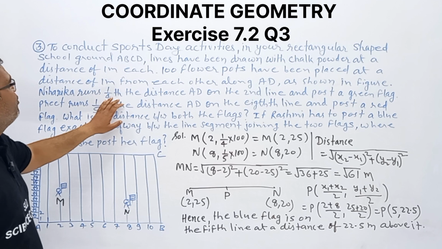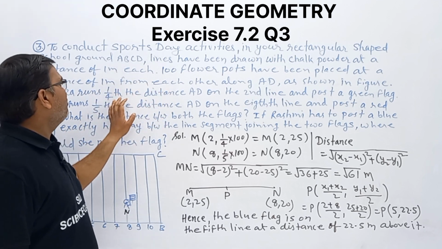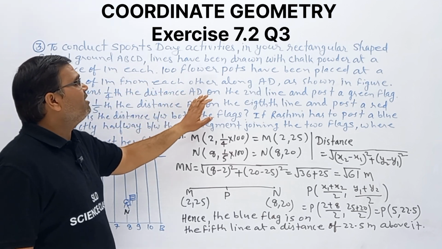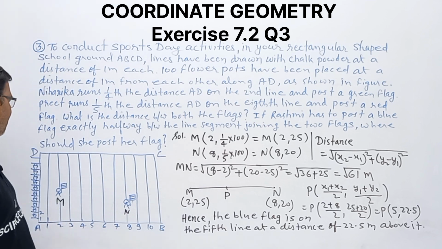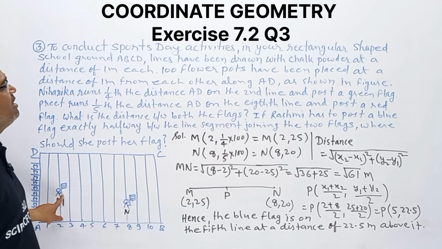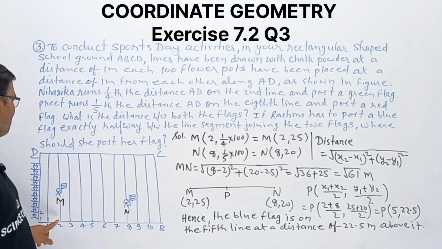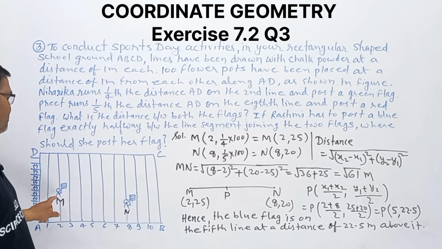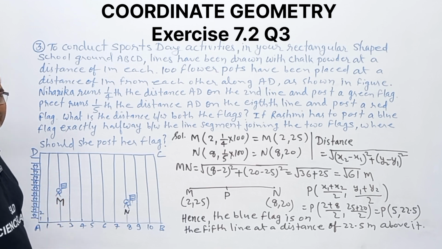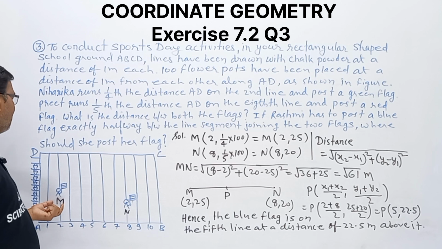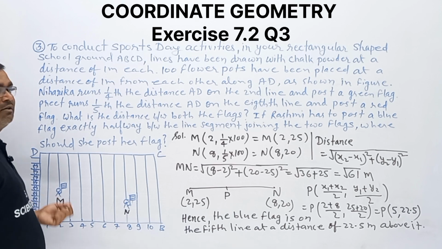Niharika runs one-fourth the distance AD on the second line and posts a green flag. So what about the coordinates of this point?